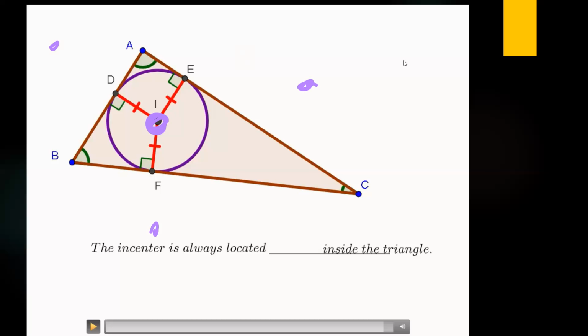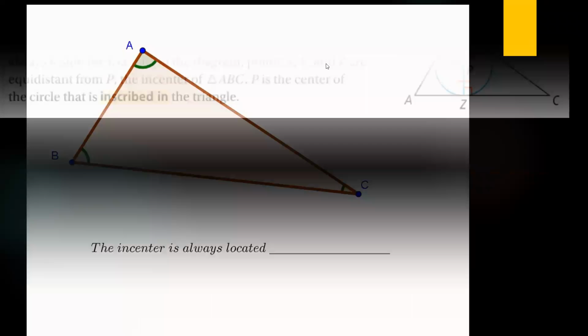Is this clear? Yes. Yes, teacher. Okay. So the point of concurrency of the angle bisectors of a triangle, we call the incenter of the triangle, and the incenter must be inside the triangle.